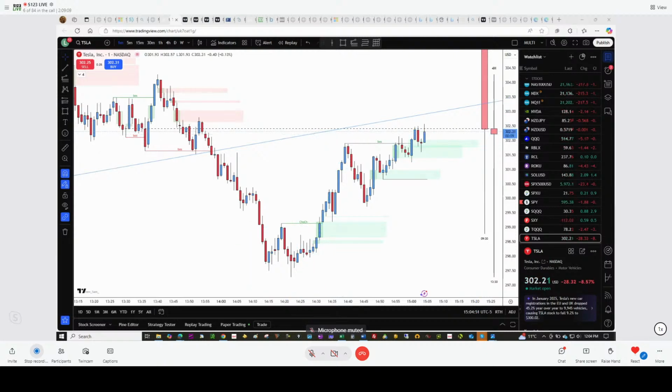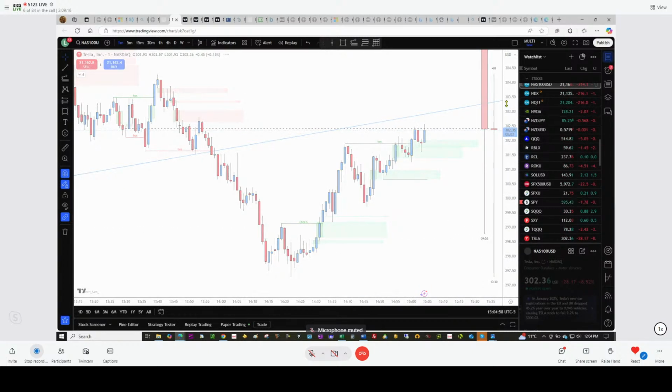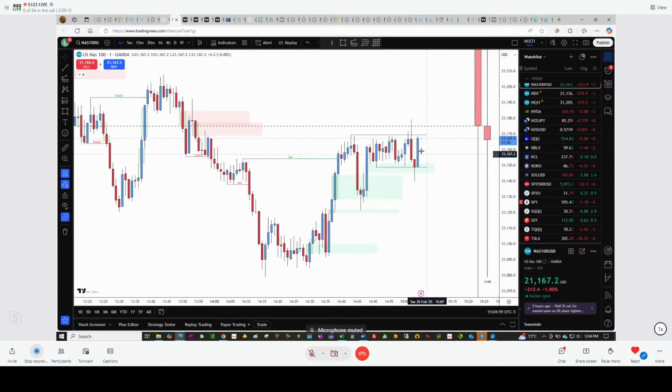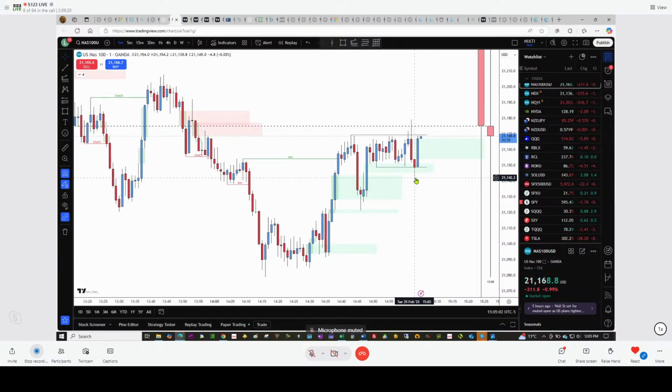Peter, this is where I've been finding that my 3-minute Heikin-Ashi is giving me a lot better control over what's going on. Right now I've got a no-tail 3-minute Heikin-Ashi going up, and price is still bumping against that 200 SMA. It really only touched it.